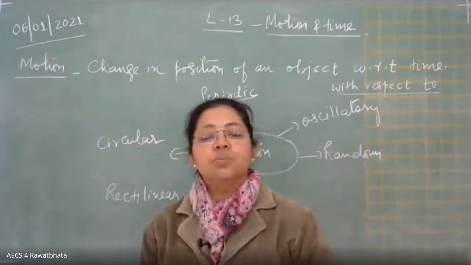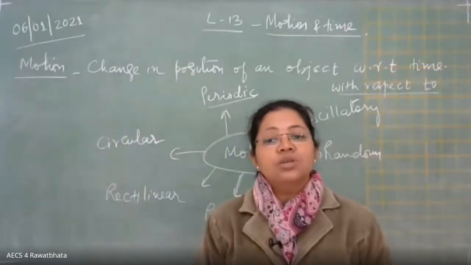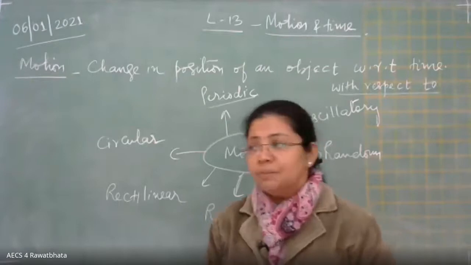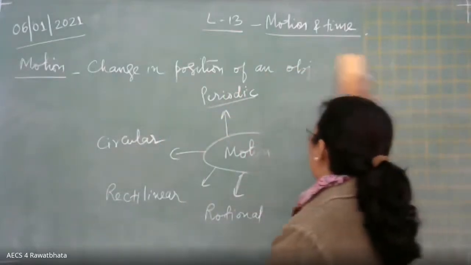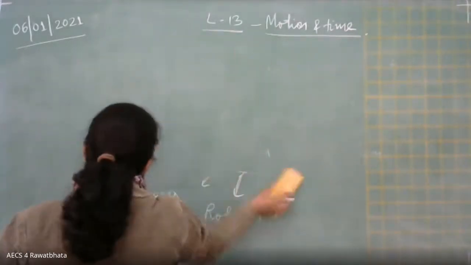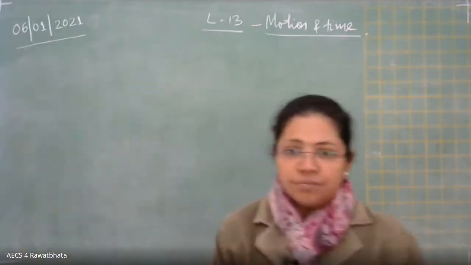Vibrational motion is also periodic. Parade of army. Movement of the hands of a clock in your house is also an example of periodic motion, right? So this much previous knowledge we already have about motion, which we are carrying from standard 6.